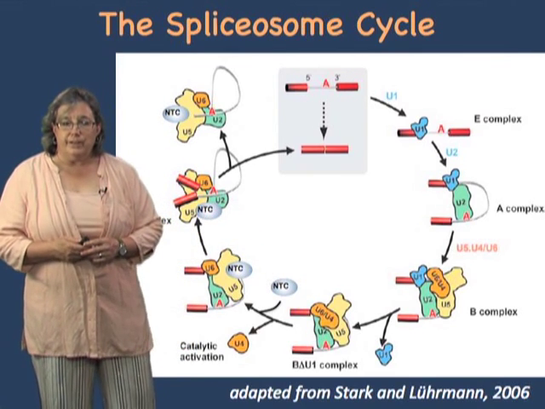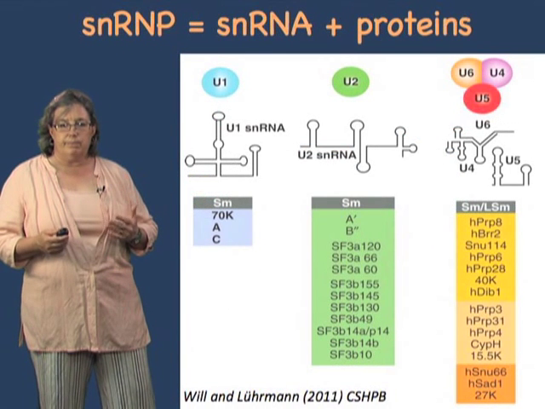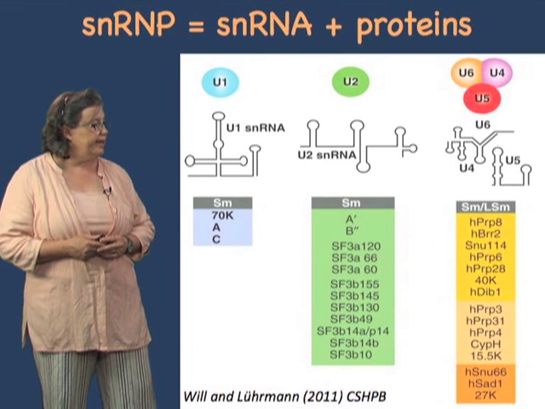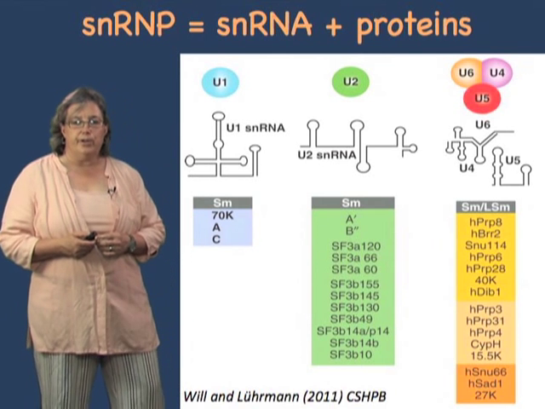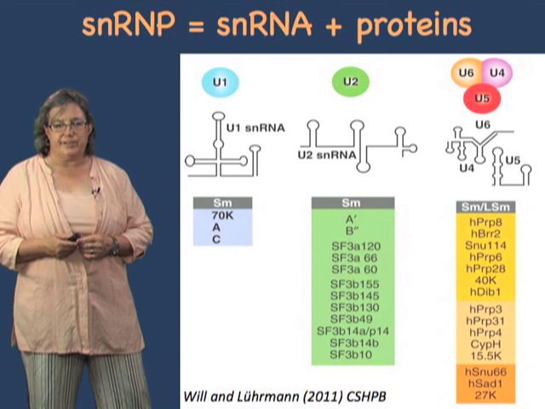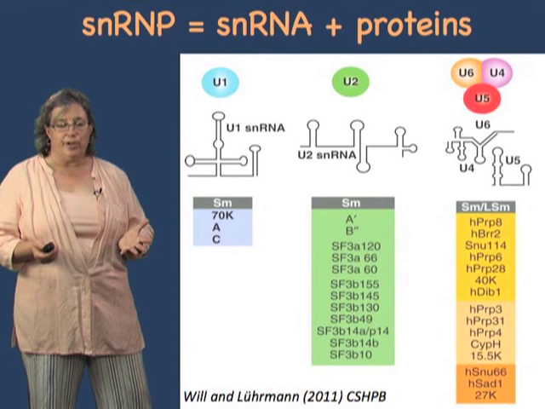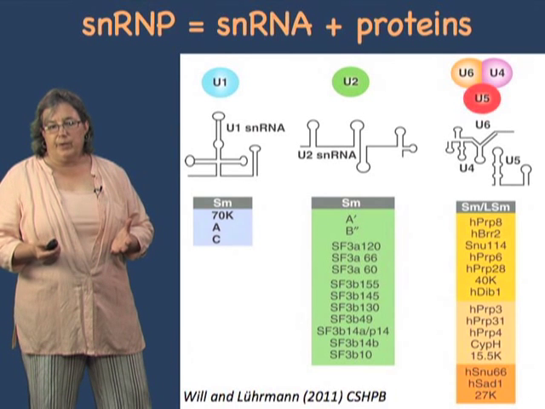Now, what are these U1, U2 things that I showed you in the last slide? Well, they are so-called SNRPs, for small nuclear RNA protein complexes. Each of these SNRPs consists of a small nuclear RNA, somewhere between 100 and a couple of hundred nucleotides.